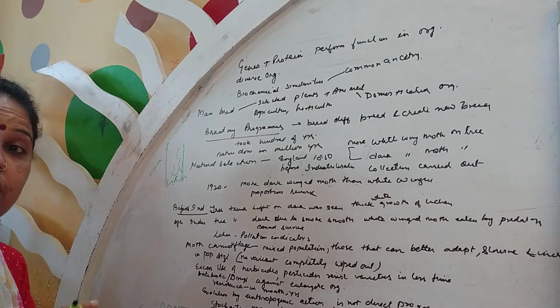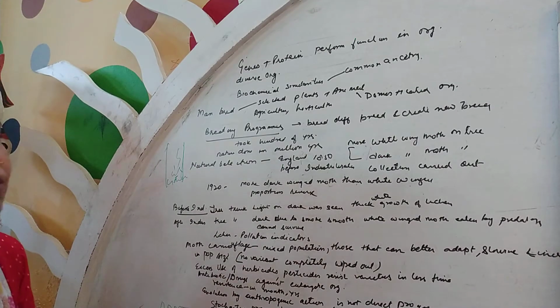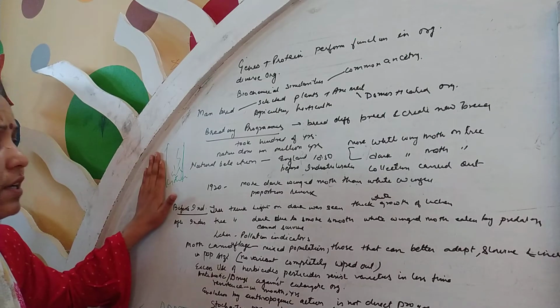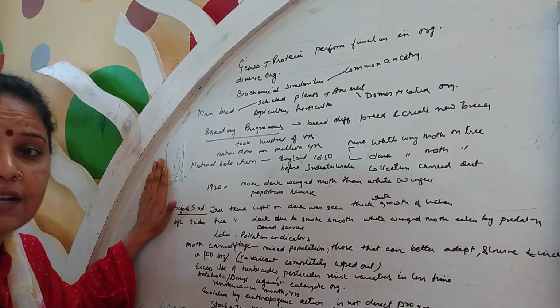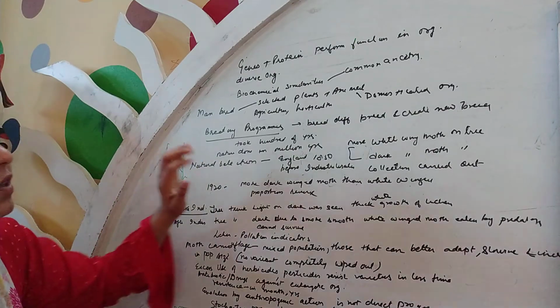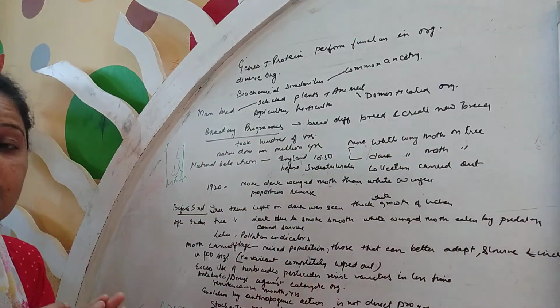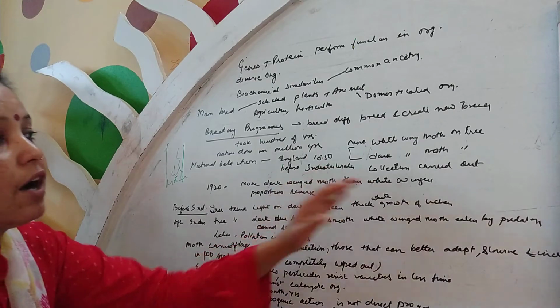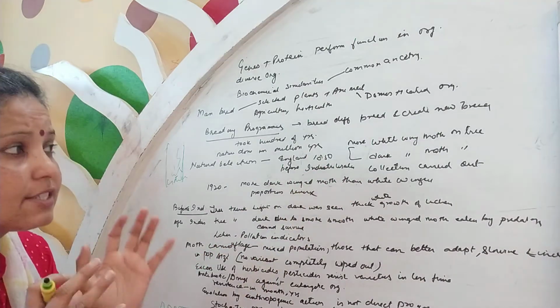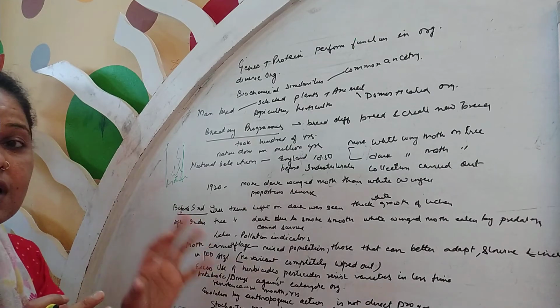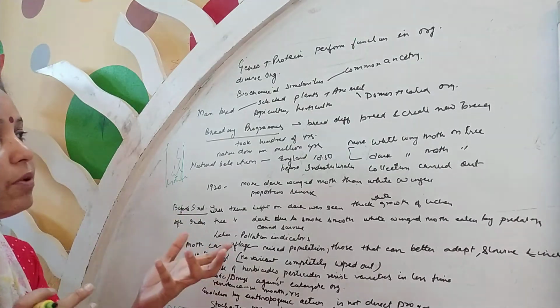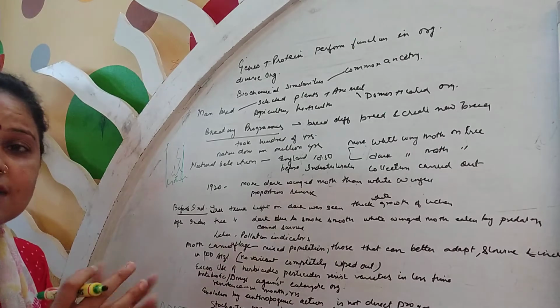At that time, when there was no pollution, there was a growth of white lichens on the trunk, and on the white lichens the white winged moth was not seen by the predator. Only the dark or melanized moth was seen by the predator, and that is the reason the dark moth was killed and the population of white moth was more. So that is an example of camouflage.